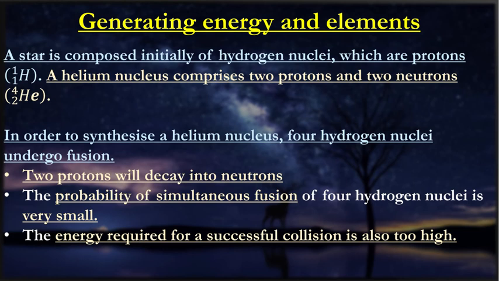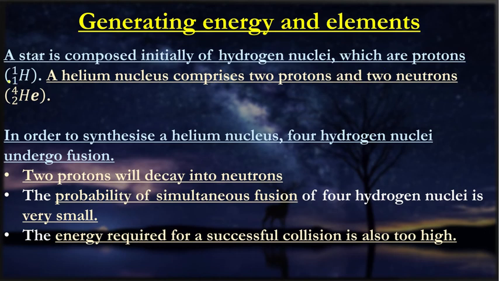Okay, so to go with explaining how stars generate energy and create the different elements, I just want to point out one fact here. A star is initially composed of hydrogen nuclei, which is the nucleus of a hydrogen. Now, if you know your chemistry, a hydrogen nucleus is the same thing as saying one proton.